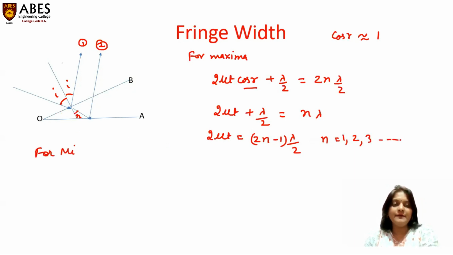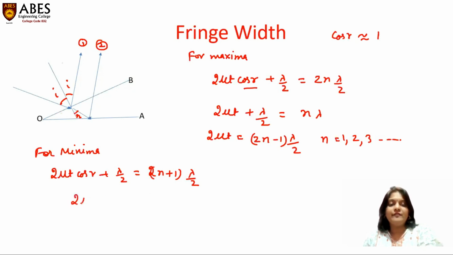And for minima, the path difference between the two rays 1 and 2, 2 mu t cos R plus lambda by 2, is equal to the odd multiple of lambda by 2. Then it will be 2 mu t cos R equal to 2n lambda by 2.